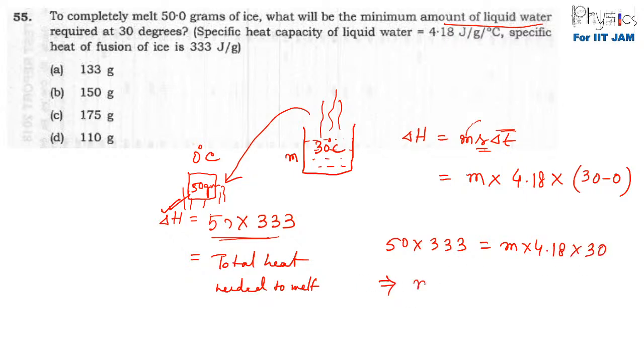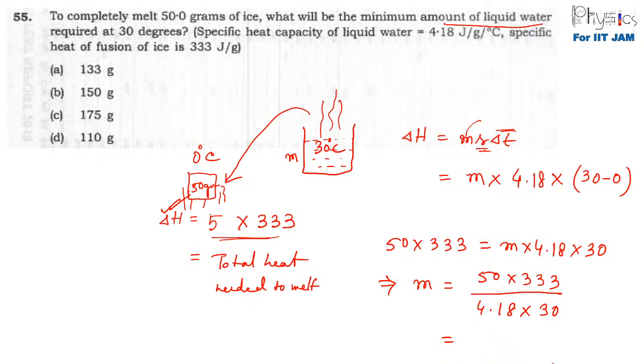That means m is 50 times 333 divided by 4.18 times 30. So tell me what we get from it.